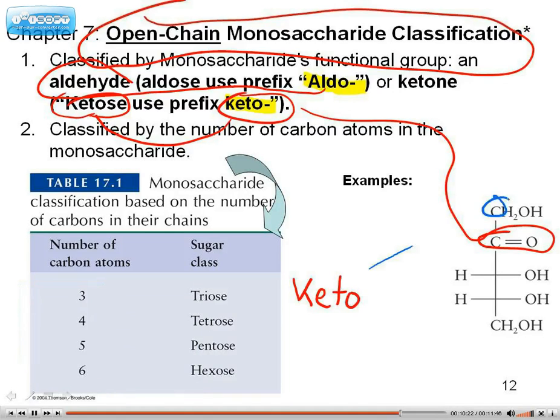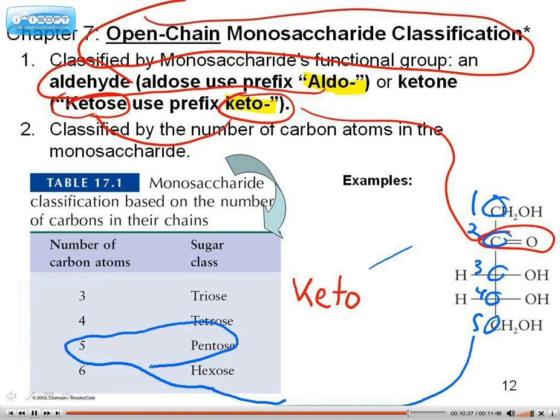So in this case, 1, 2, 3, 4, 5. If there are 5 carbons present, then the second part of this name is going to be a pentose. So the open chain monosaccharide classification name for this is a ketopentose.